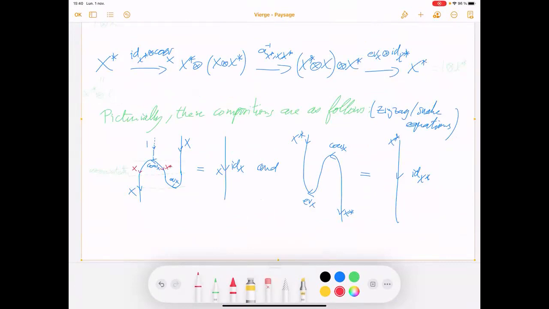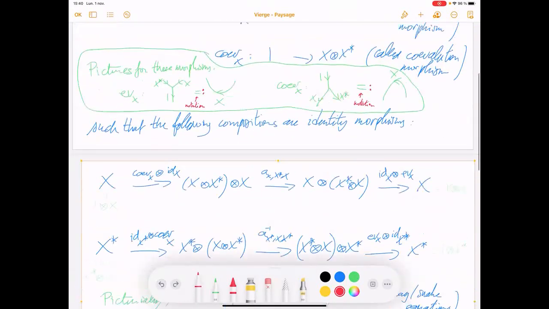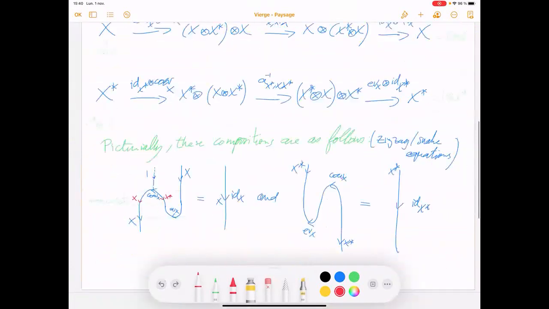You should be careful. Even if something is drawn like that, this corresponds to x star here and x here, doing like that. This is just a notation, so you should not be confused.